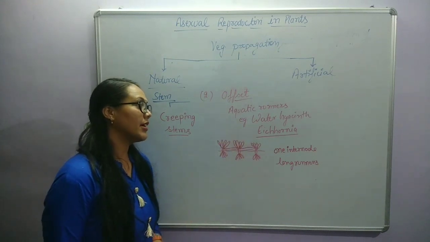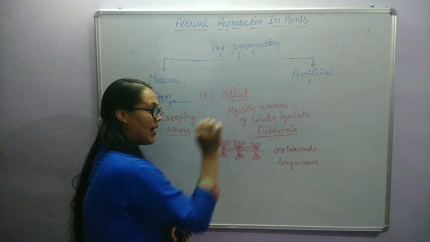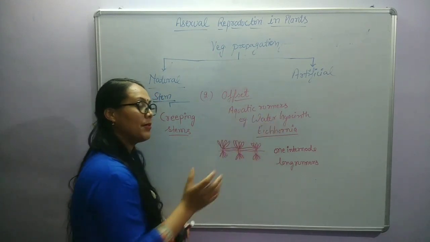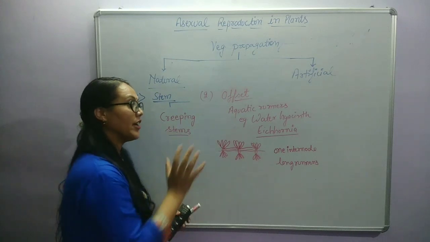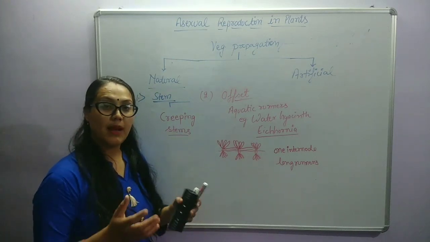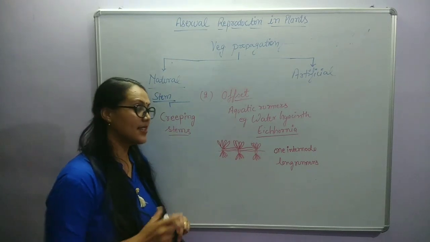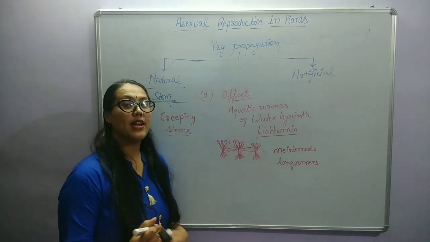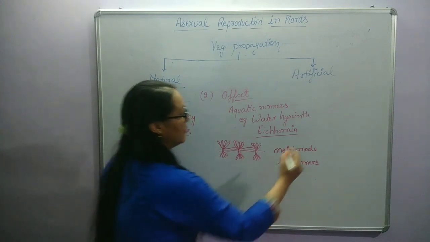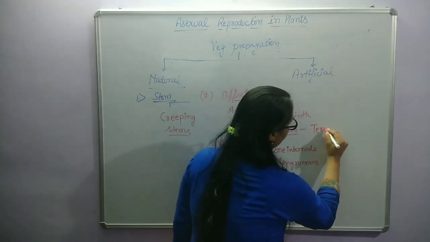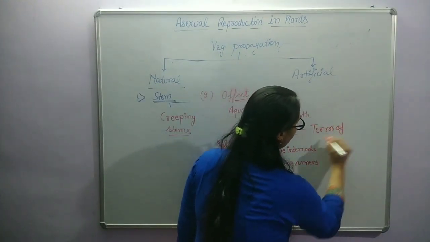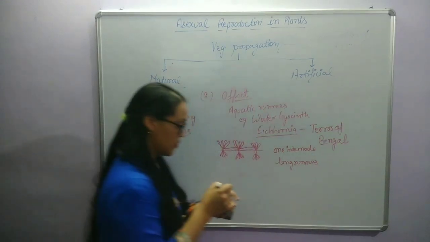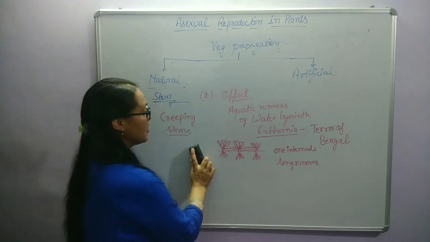And later on, this plant propagated vegetatively so much that it completely deteriorated our water bodies, ponds and lakes. So that's why this plant is also known as Terror of Bengal. So this was the offset.